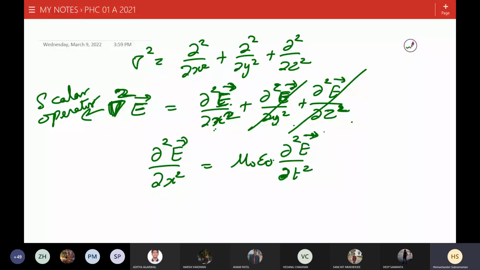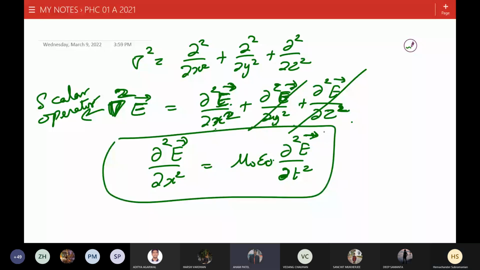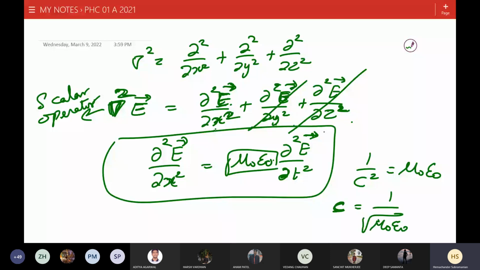Yes, sir. Right. So does this look like a wave equation to you guys? Yes, sir. Here we also got the velocity of the electromagnetic wave. Exactly. So 1 over c square is mu naught epsilon naught, and you can just say c equals 1 over square root of mu naught epsilon naught. And Maxwell already knew the values, even in the late 19th century, people knew the values.